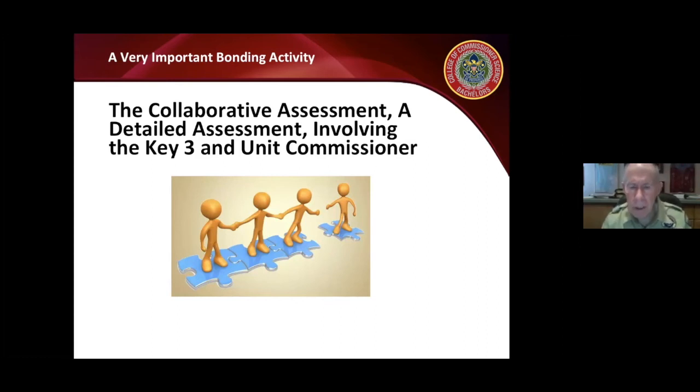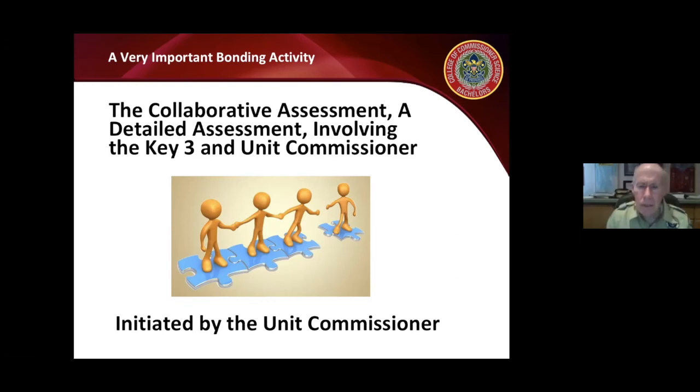Now, when we're talking about setting goals as a part of the collaborative assessment, this is key that this group work together and all members have input in their discussion with setting up those goals.